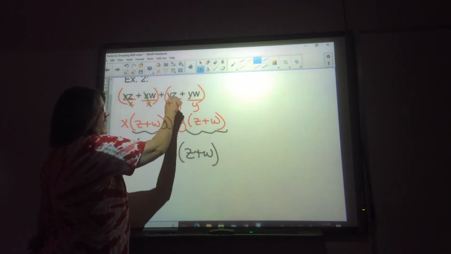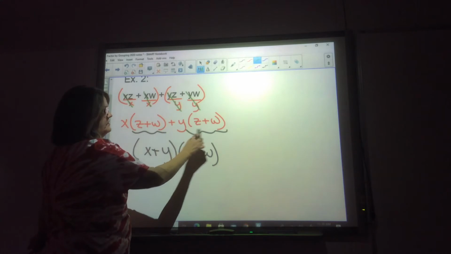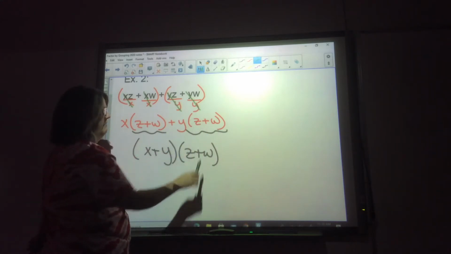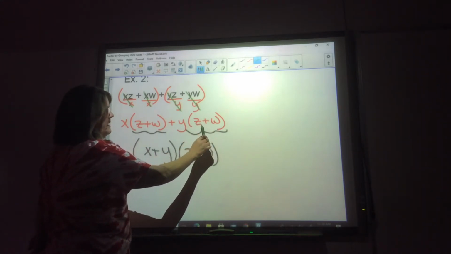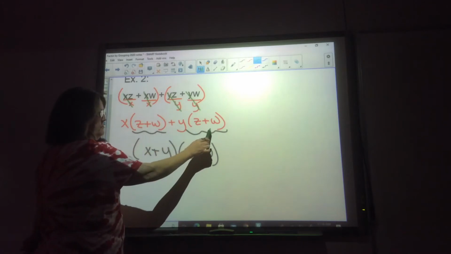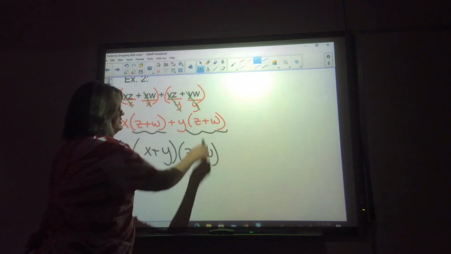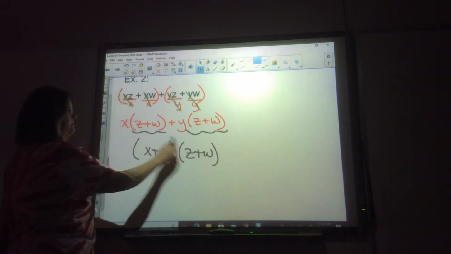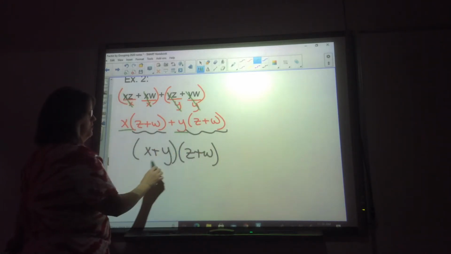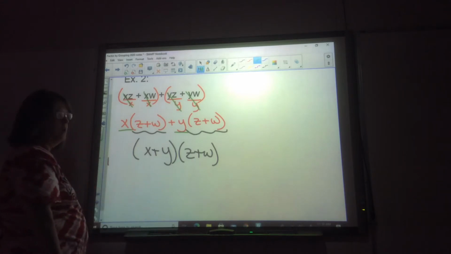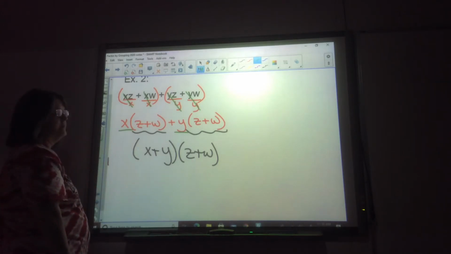I can pull Y out of both of them. So when I get done and I factor it out, Z plus W is left. Now, Z plus W, I need to check and see if they're the same thing. They are. So I write Z plus W in this set of parentheses, and I take these two and write them here. X plus Y times Z plus W.